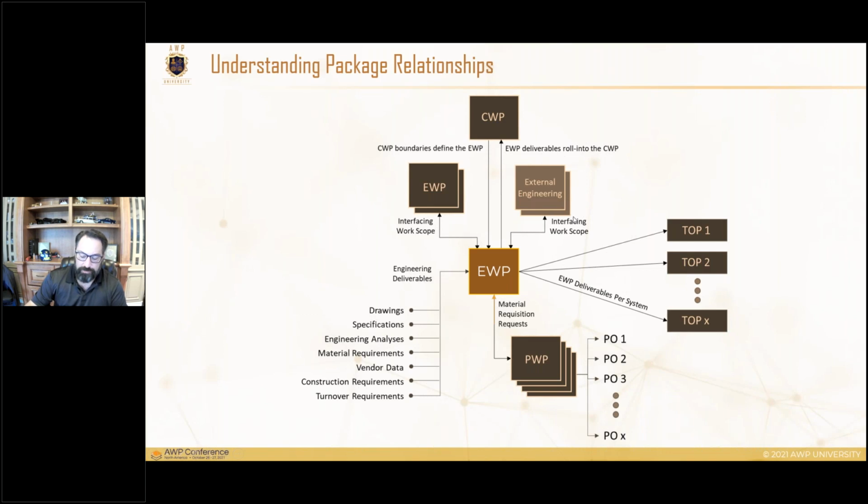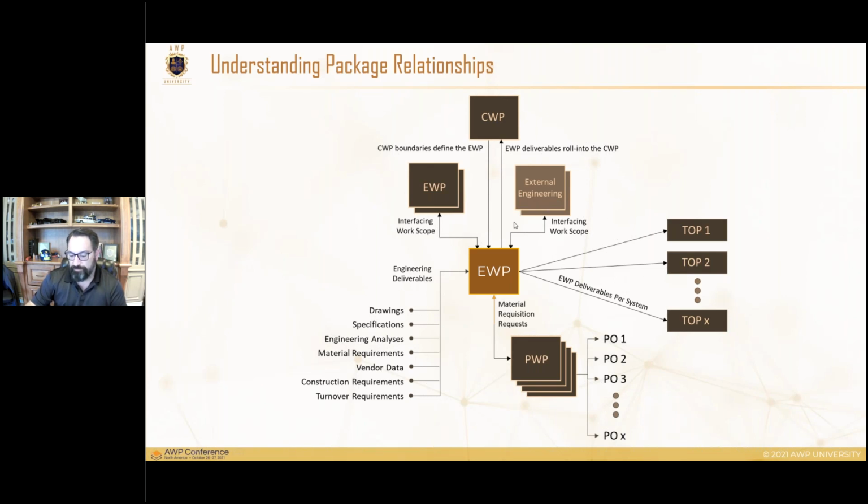External engineering from an interfacing work scope. What we're talking about external engineering here is vendor data. Vendor data is definitely external engineering and is as important as the main engineering data, and often needs to be watched that much closer. We've all been on a project where the issuance of vendor data has caused possible delay.